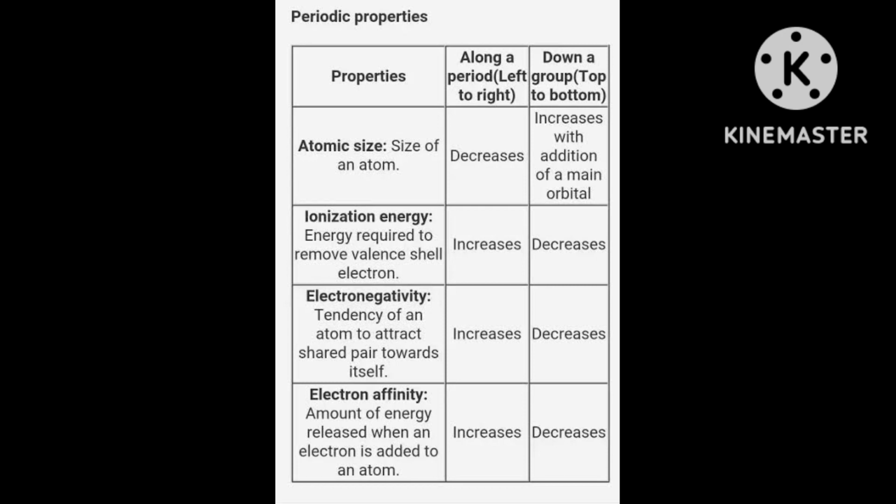These elements, when irradiated with light, the light energy absorbed may be sufficient to make an atom lose an electron. Means whenever light radiation is given to the metal atom, the outermost electron will come out. This is the main thing.